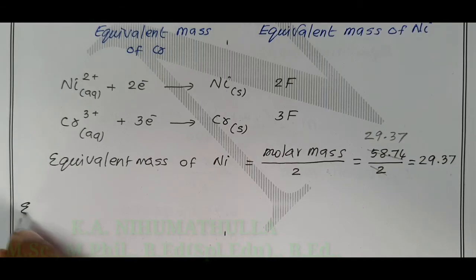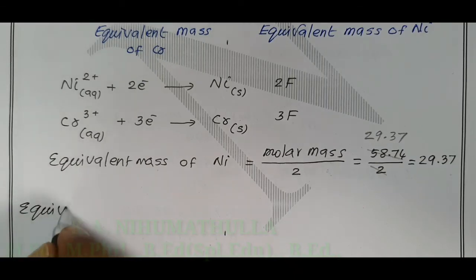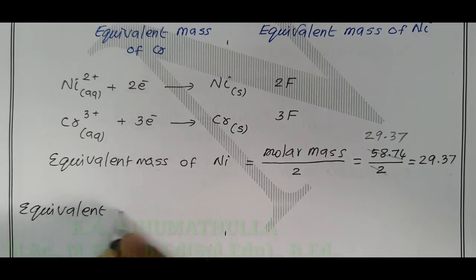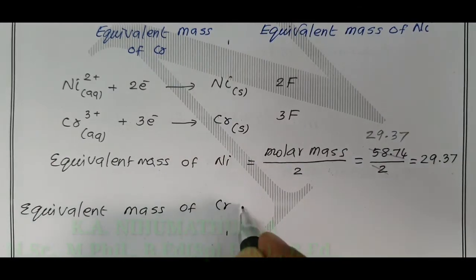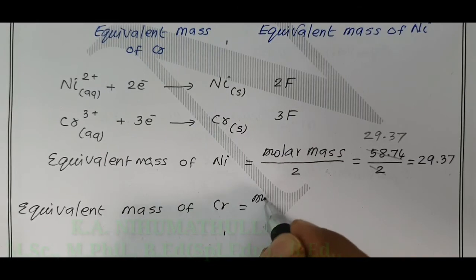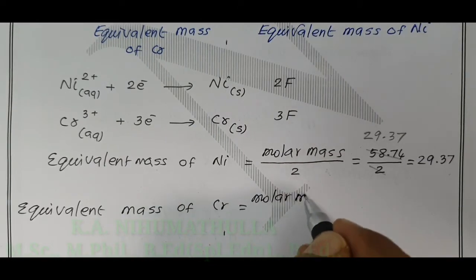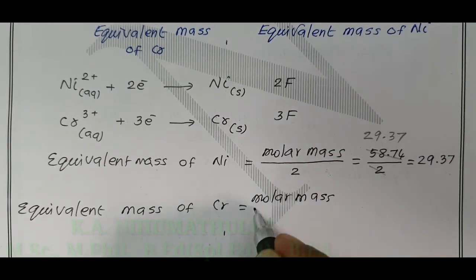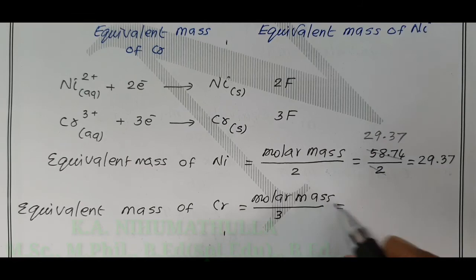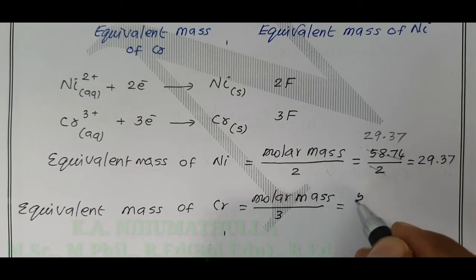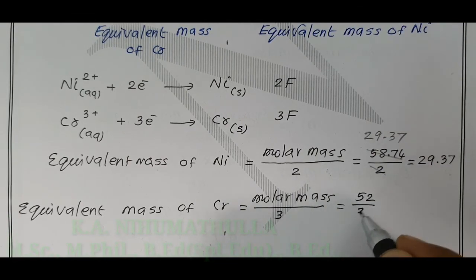Equivalent mass of chromium is equal to molar mass by how many electrons are involved. 3 electrons are involved. 3 Faraday current we are passing. Molar mass of chromium given in our problem is 52 divided by 3.